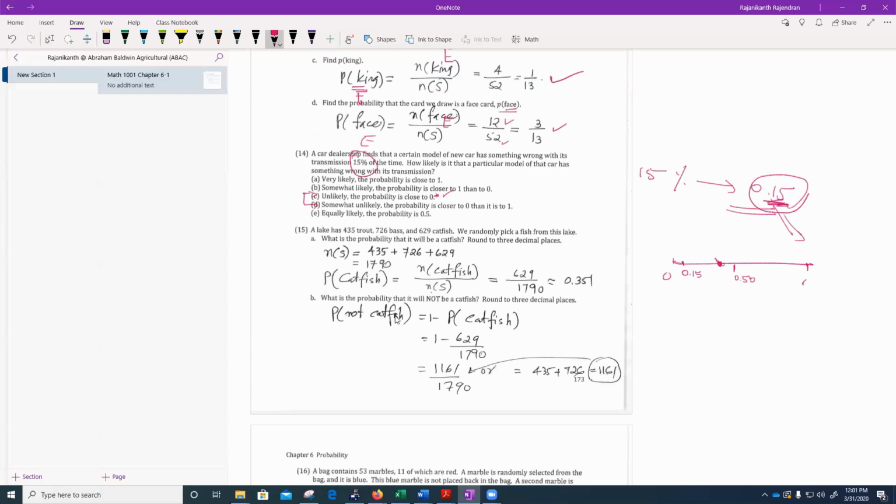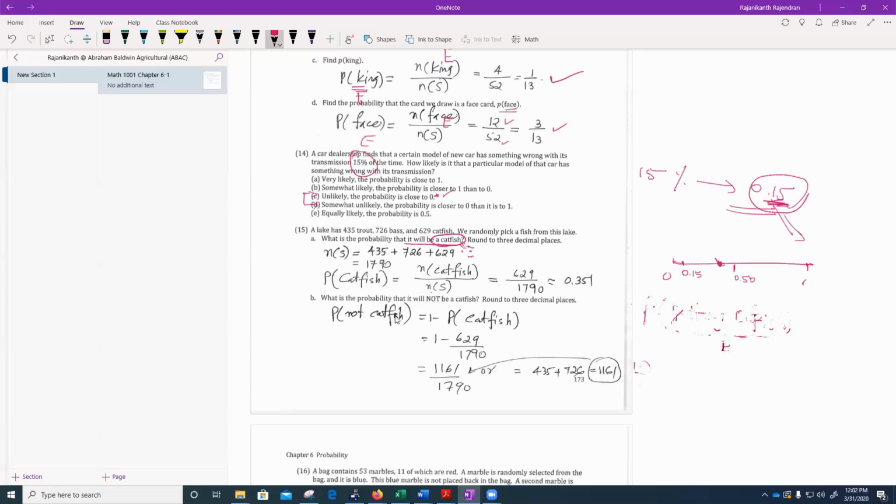So probability of what? Probability of finding a catfish. This is going to be my event now. So they are simply asking, what is the probability of getting a catfish?